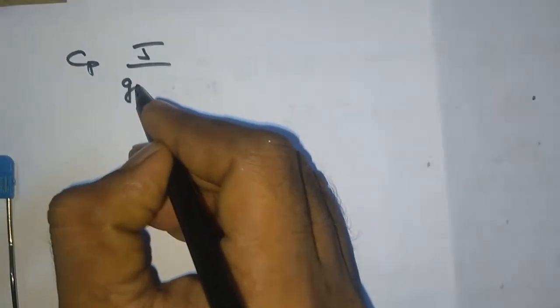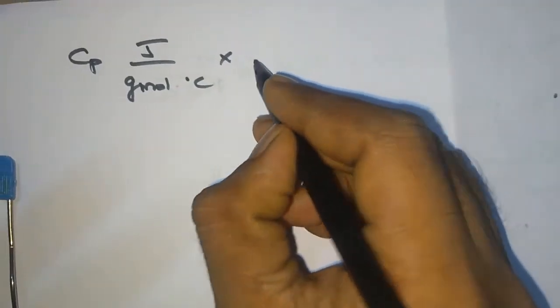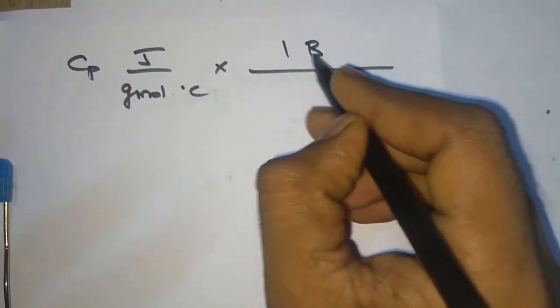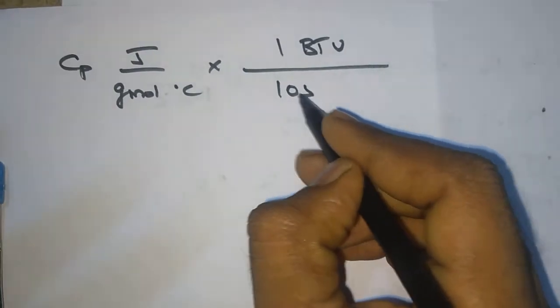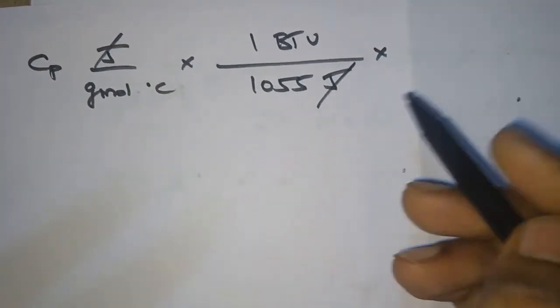The first thing to do: the left hand side Cp is given in joules per gram mole degree Celsius, and this has to be converted. 1 British thermal unit is equal to 1055 joules. Remember, what we are trying to do is cancel this joule.